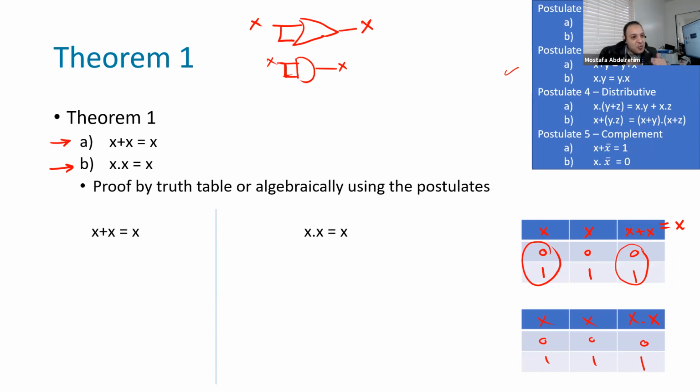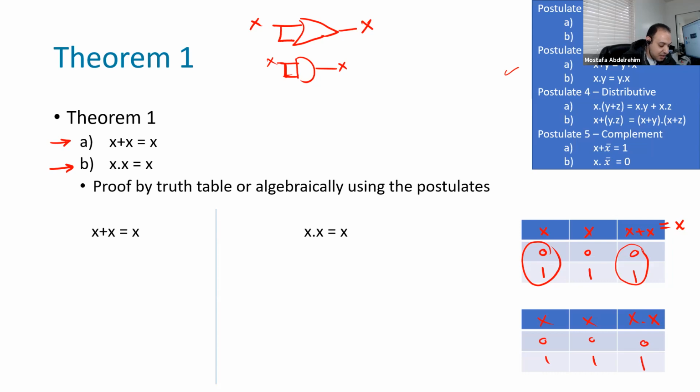You can't say that x and x are 2 columns and then list the combinations 0 0, 0 1, 1 0, 1 1. No, because this is x and x, so they should be equal. You can't have x equal to 0 at the same time as x equal to 1. This is the proof by a truth table, which is really easy, as you see here.